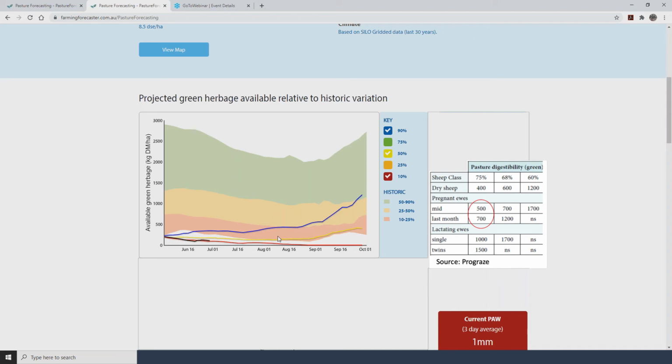And this increases to around 700 kilos of dry matter per hectare in the last month. So if we have a look at this Monero example, we can see that green herbage is right down towards the bottom here, sitting around about 100 kilos thereabouts. So well below the minimum target of 500 kilos per hectare that's required during mid-pregnancy. And so that's obviously indicating that significant supplementary feeding will be required between now and lambing.